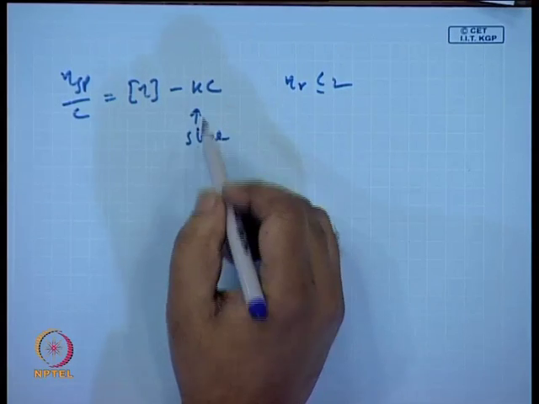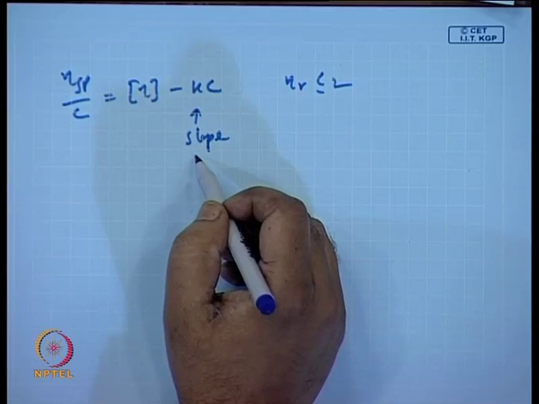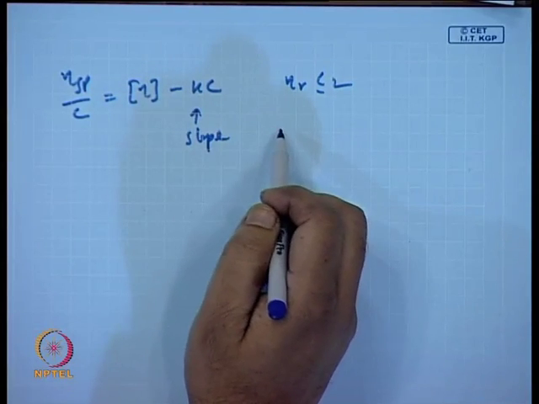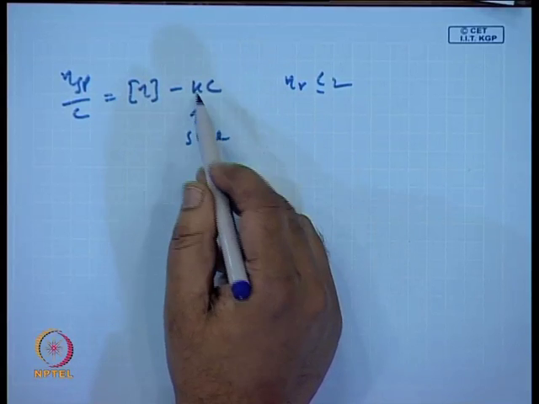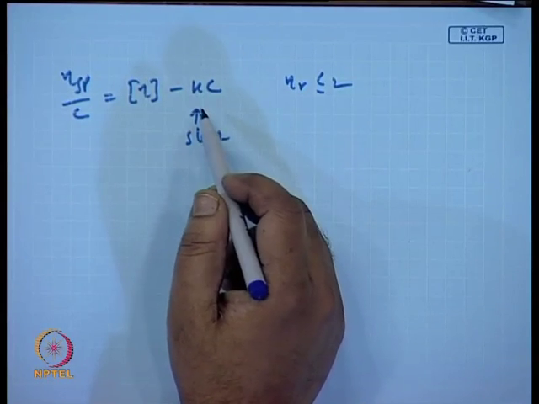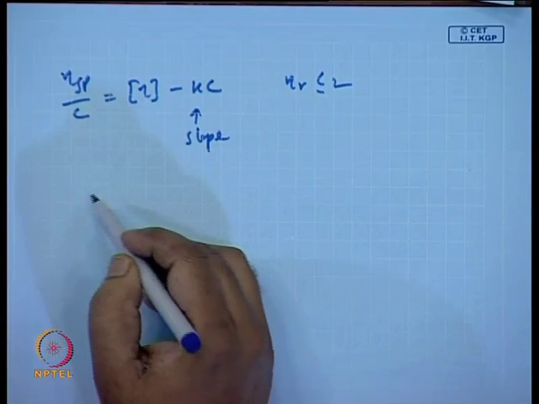Now, this k, the slope, depends on the molecular weight of the polymer, it is not equal for all lengths of polymer. So, we need to find something else where that constant can be applied to any molecular weight of the polymer chains.